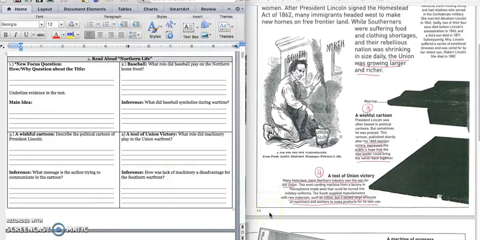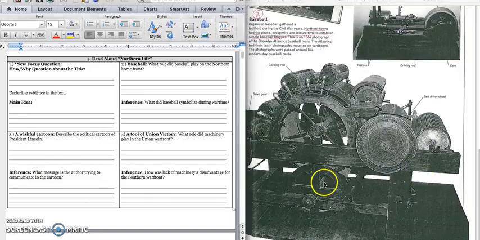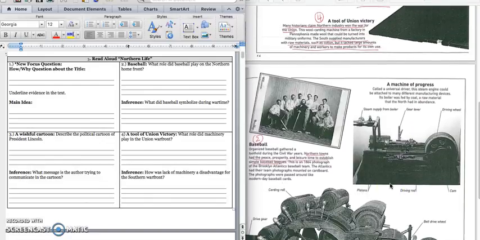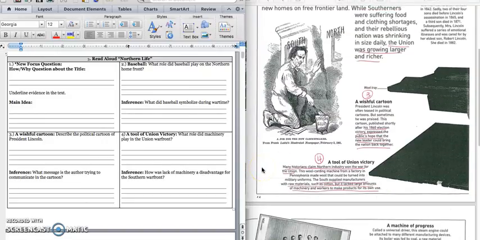It says a tool of Union victory. And the picture is this machine right here. Let's read the caption. It says, many historians claim Northern industry won the war for the Union. This wool carding machine from a factory in Pennsylvania made wool that could be turned into military uniforms.